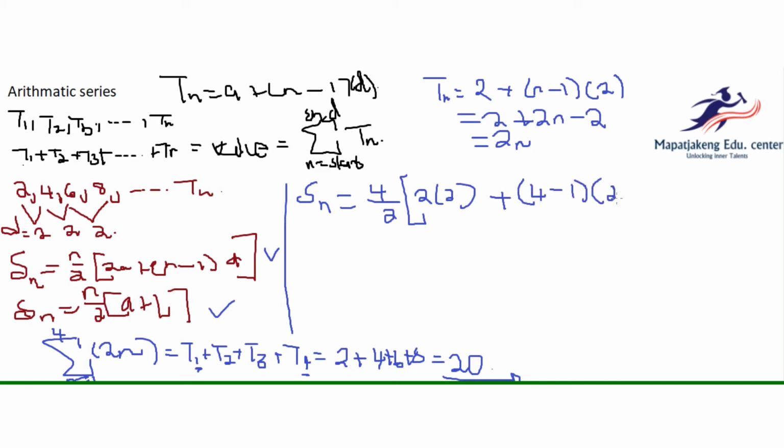You have your d. Your d is 2, the difference between them. Then this simplifies to 2 into brackets. This is 4, in the brackets is 3. 3 times 2 becomes 6. Then all in all, you have 2 into 10, which results in 20.